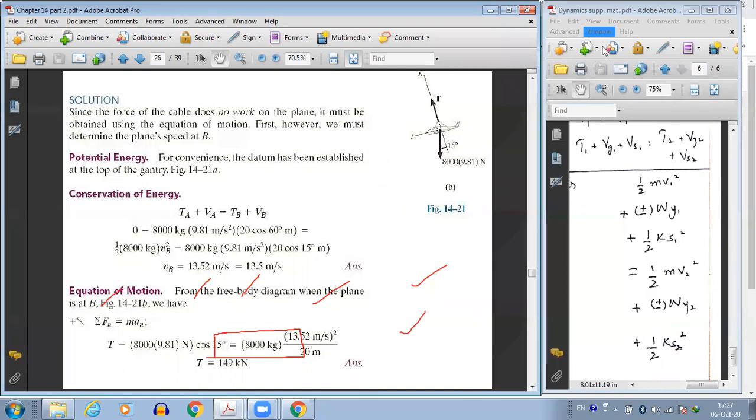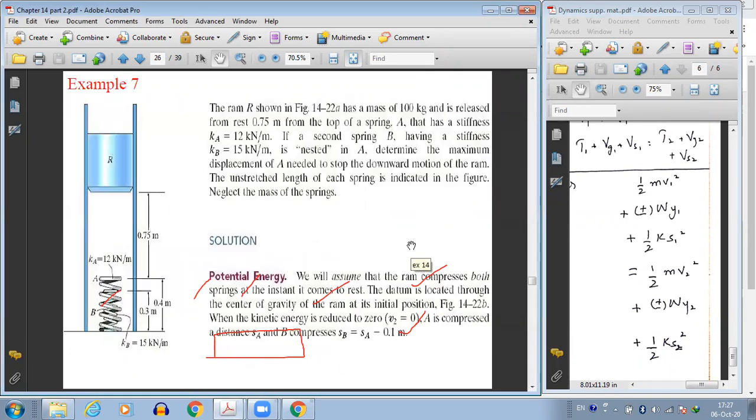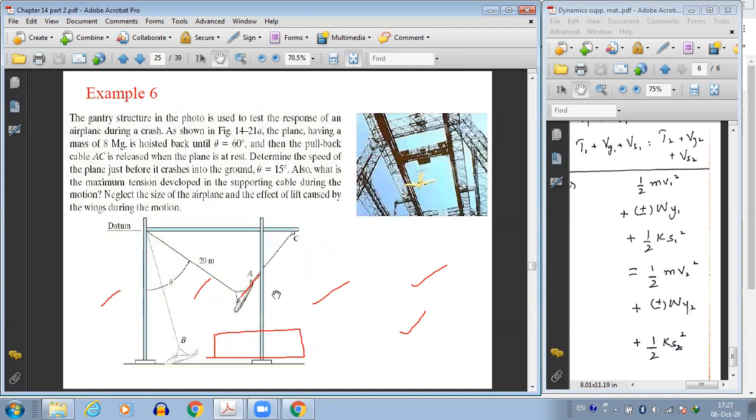Doctor, yes, it's clear, but can you repeat how we can find the distance y? Okay, distance y.